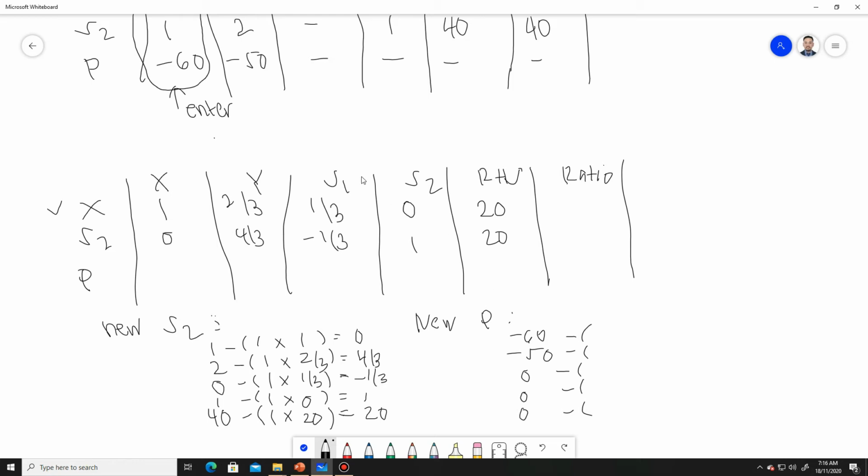So, intersectional element natin dito is negative 60. So, lagay natin negative 60 sa lahat. Multiplied by the corresponding elements, no, yung X natin, corresponding elements in the replacing row. So, lagay natin siya. 1, 2/3, 1/3, 0, and 20.